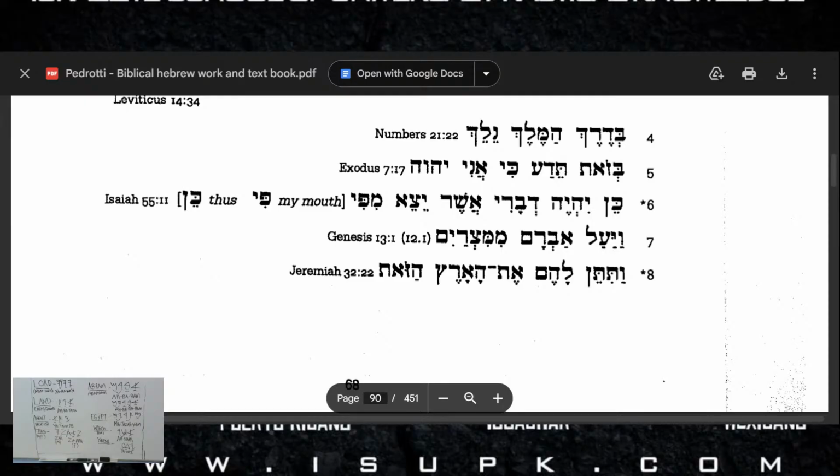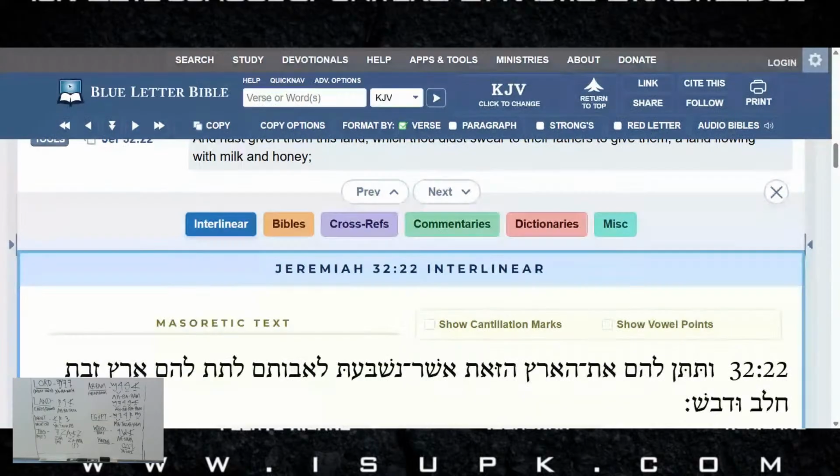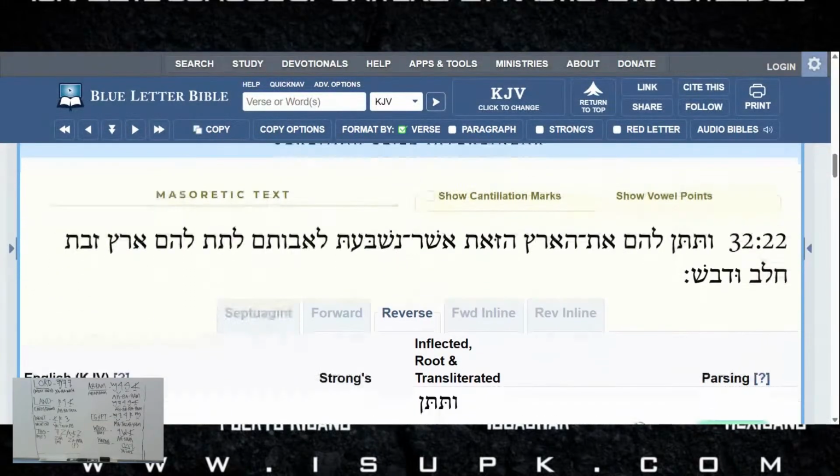All right. So now let's translate. Let's see what they want us to translate. We got like 3 minutes to translate this. Damn it, I didn't even show y'all this. We reading it and y'all couldn't even see it. My apologies. Okay. All right, they want us to translate Wathathun Lahum Af Harataza Haza'ah. They want us to translate the beginning.